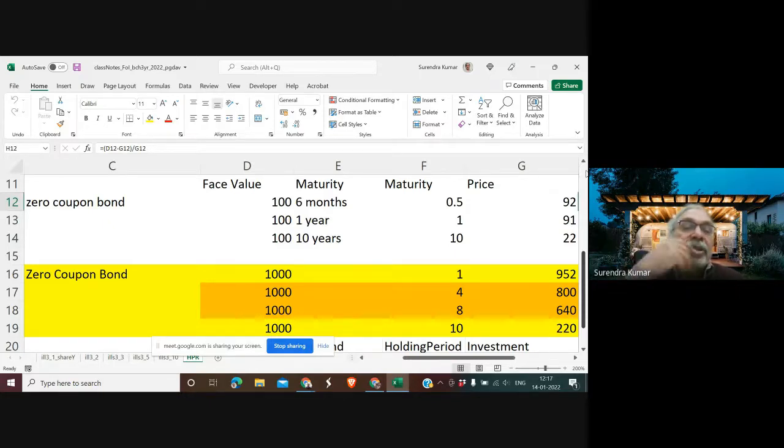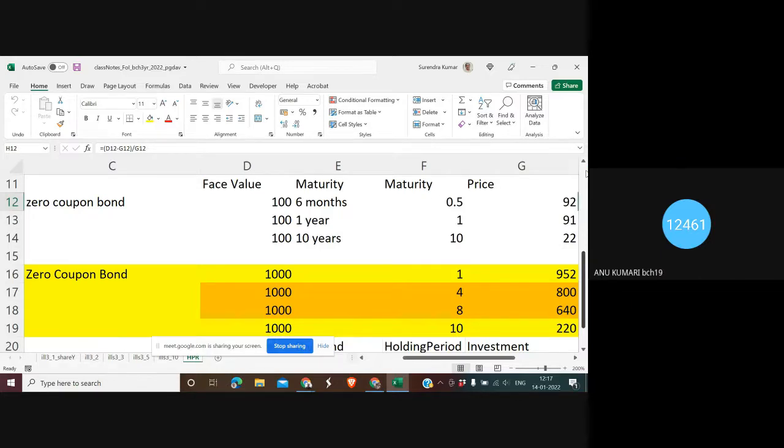Can somebody explain what is a zero coupon bond? Is it a new term for all of you? No, sir. Okay, so explain.